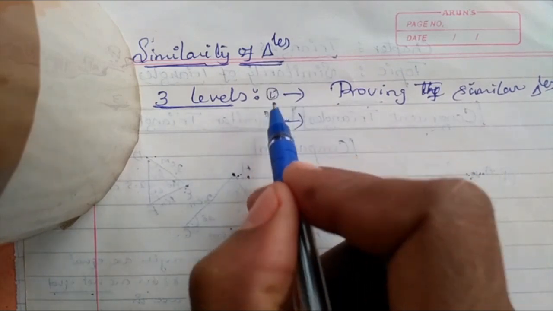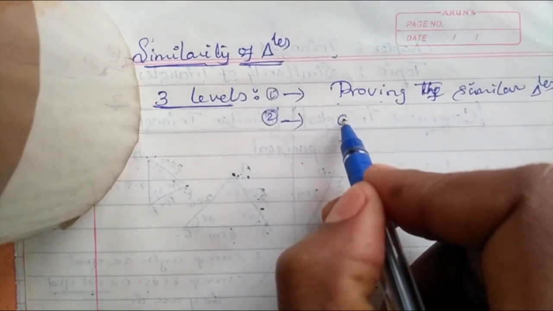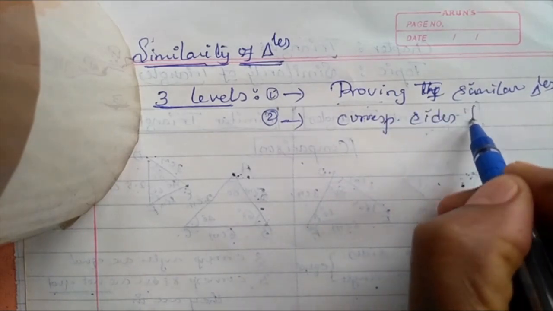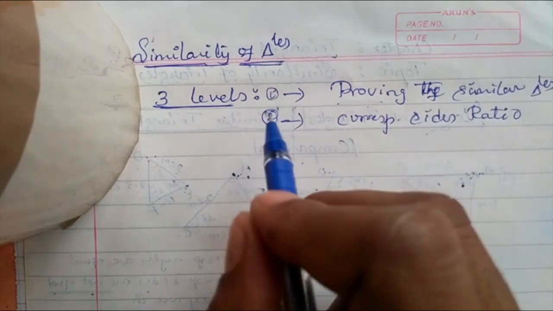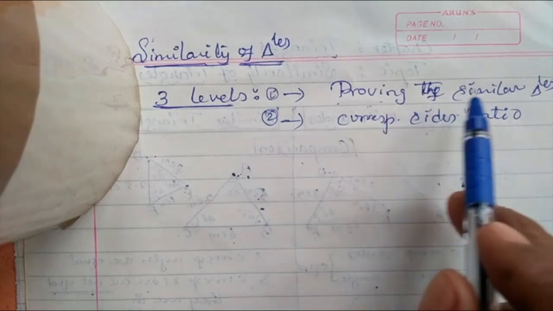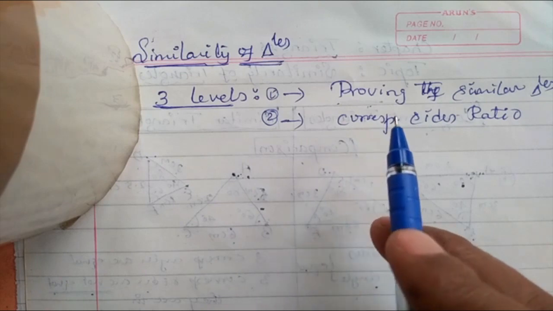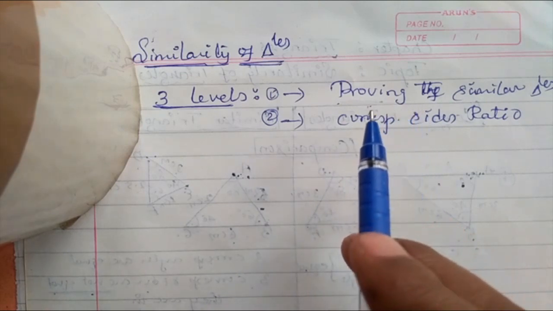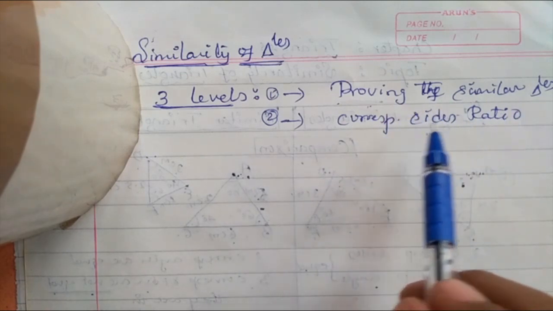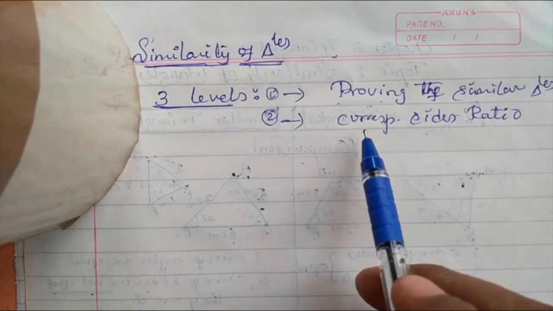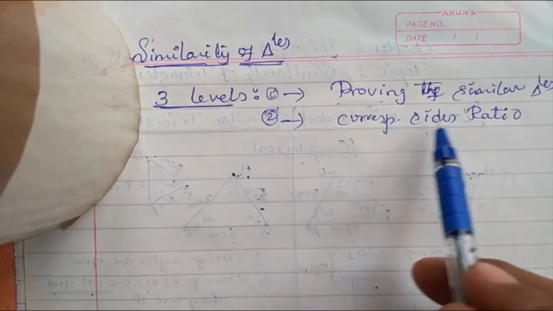Second level is corresponding sides ratio. In congruent triangles, after proving two triangles are congruent, what are you doing? You are writing CPCT, corresponding parts of congruent triangles. Here in similarity of triangles, we are not writing CPCT, we are writing CSR.